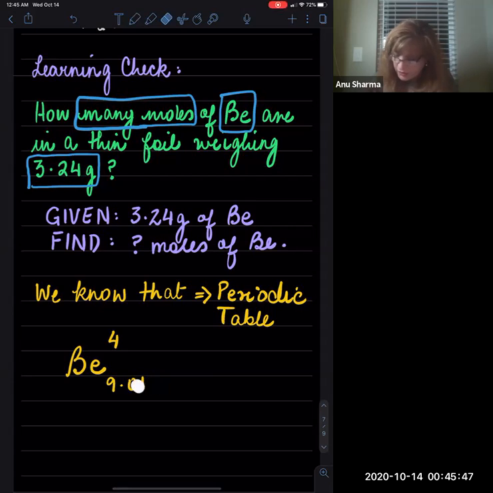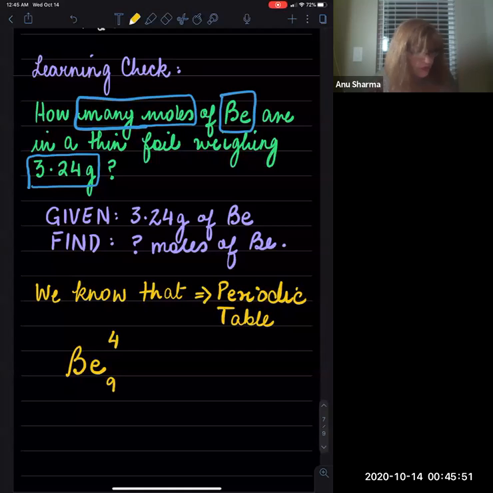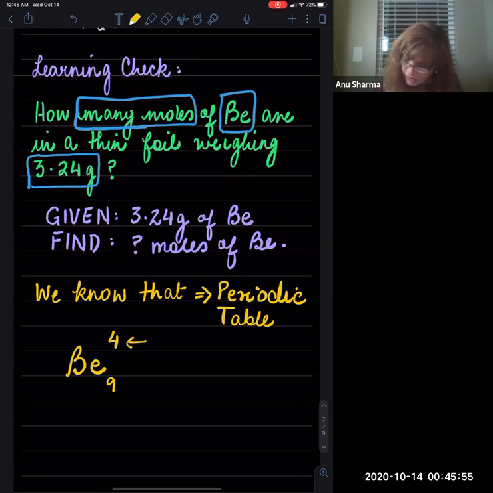So 9 is the mass number for our calculations, and this one is the atomic number and this one is the mass number.